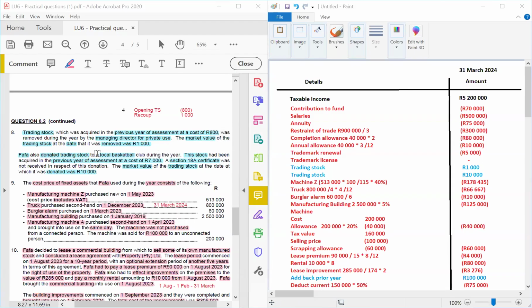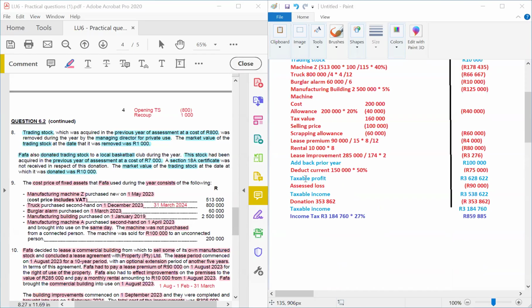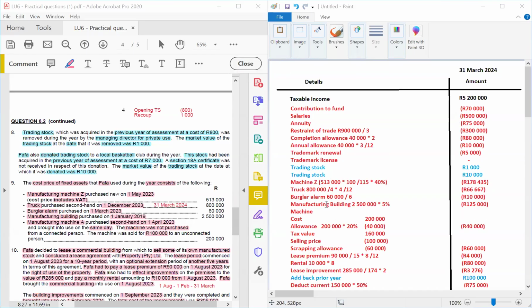Same as this donation to the basketball. We donated to a place that does not have a Section 18A certificate, so we will not apply these rules of deduction, because there's no Section 18A certificate. It could be a donation that you just made for personal gain, right?